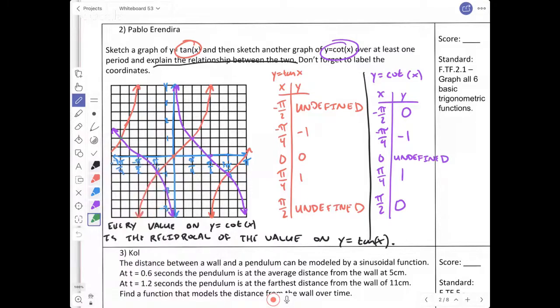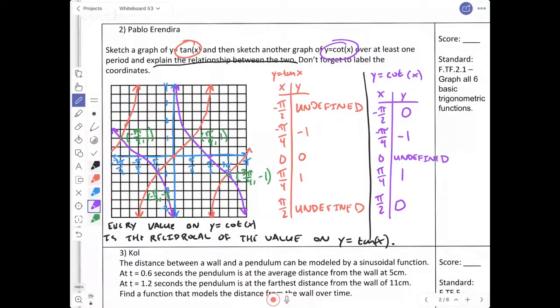So I've got negative 3 pi over 4 comma 1, and this is negative pi over 4 comma negative 1, and here's pi over 4 comma 1, and 3 pi over 4 comma negative 1.